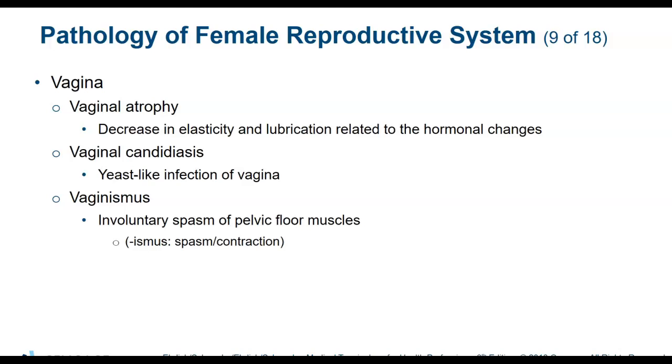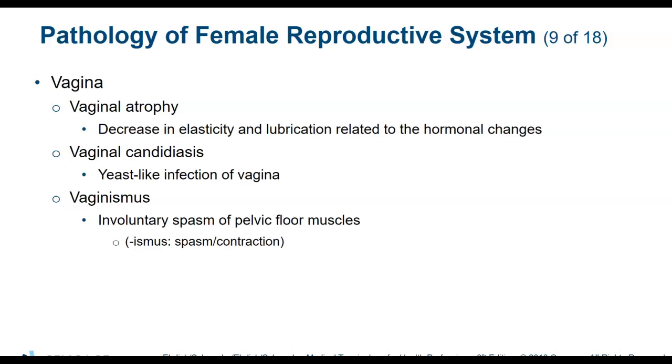The bacteria are there, but they're there in the way they're supposed to be. Nothing can grow outside of it. The minute we put something in, or even change something like an antibiotic, it kills off some of the good bacteria in the vagina and allows that yeast-like infection to take over.